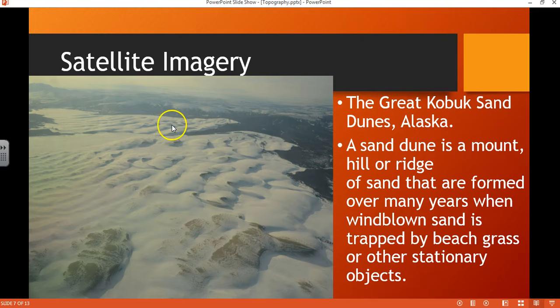And they actually will use this sand dune area in Alaska to help them test their Mars rovers, because scientists believe that the landscape here is very similar to the surface of Mars.